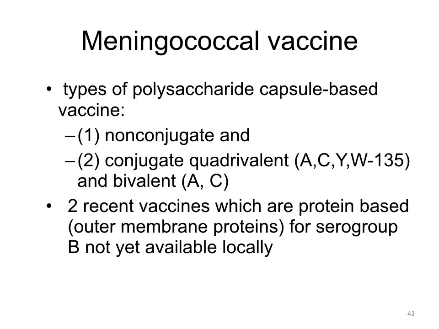The 2 available types of vaccines for meningococcus are polysaccharide capsule-based vaccines. The non-conjugate polysaccharide capsule-based vaccine contains, for example, the capsules of A, C, Y, and W. But when you say conjugate polysaccharide capsule-based vaccine, you mean that each of the capsular polysaccharides is conjugated to a protein to make it more immunogenic.